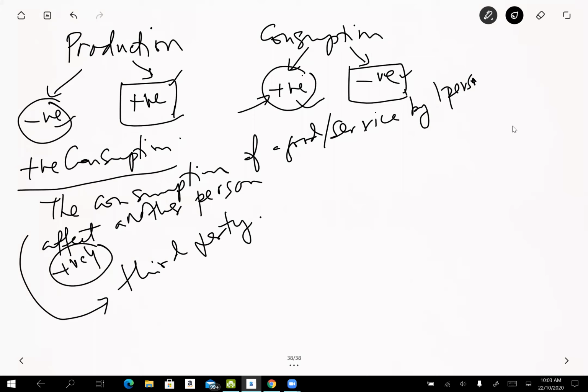Now, what is an example? If you read the book, what is the popular example they give you? Fire prevention. Not really. Here, we consume something, and that consumption creates an extra benefit to the society or to the third party, or in simple terms, to someone else.